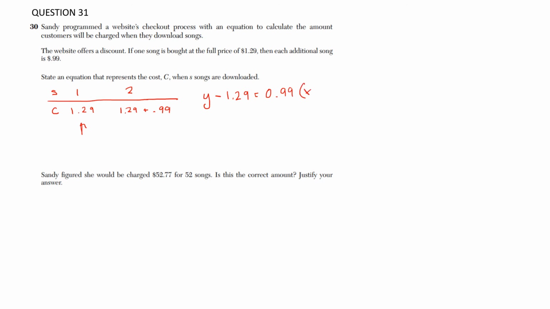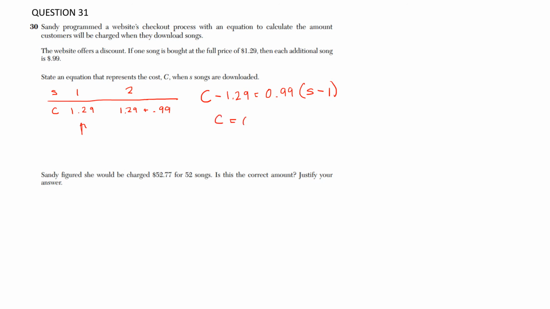So that's 99 cents times x minus, and the x value here was 1. Sorry, that should be s. And this should be c. C and s. So we can either leave it in this form, or we can easily convert it to y equals mx plus b form.